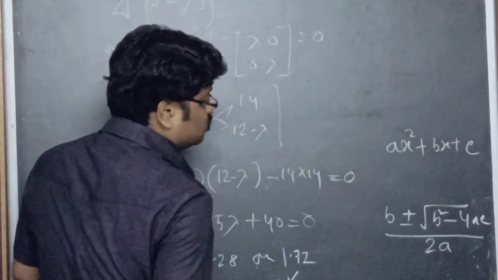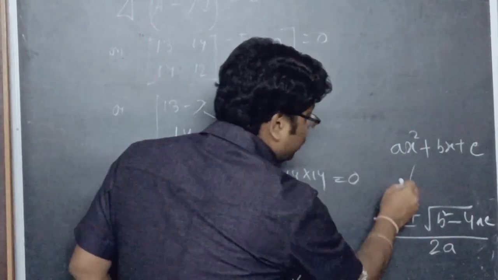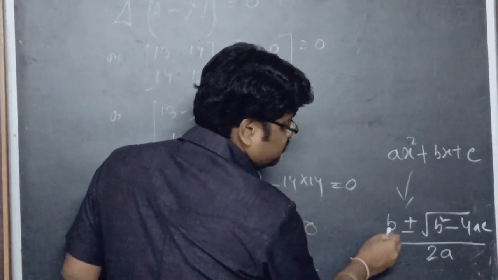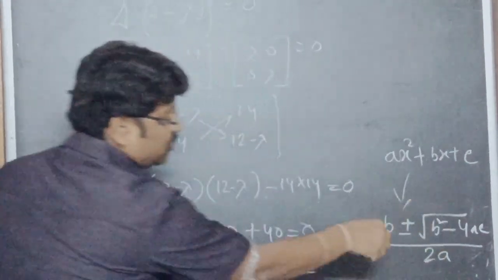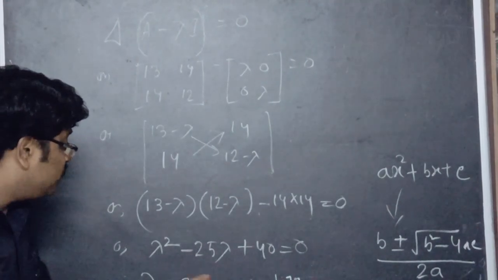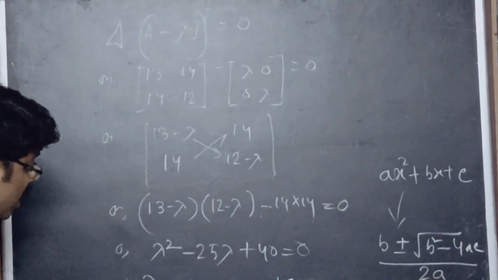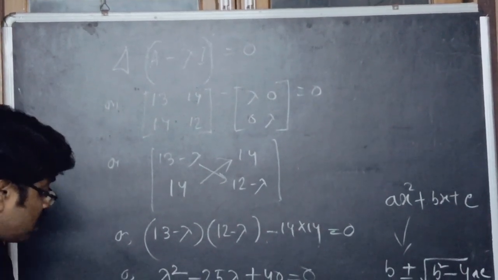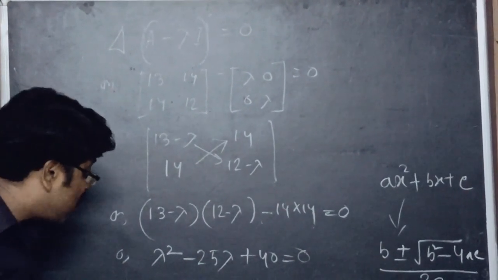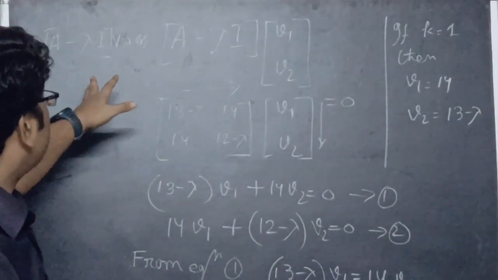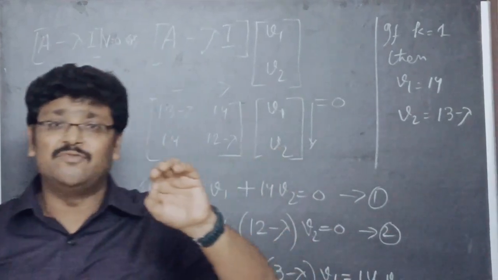Using this formula we get the values of lambda: this is lambda 1 and this is lambda 2. Lambda 1 is the first principal component because its value is greater than lambda 2. Now we are going to find the eigenvector.